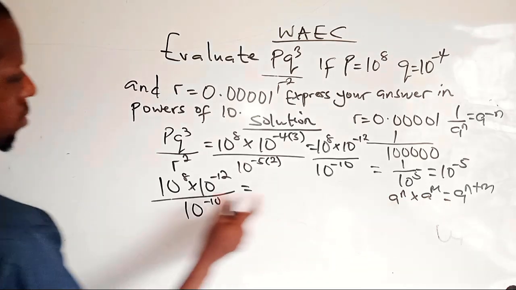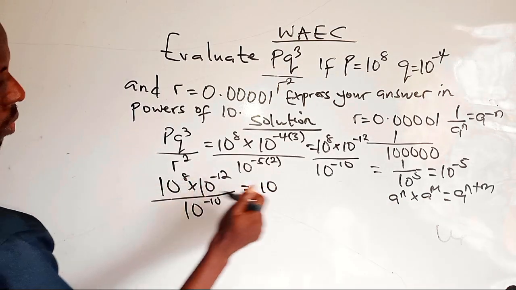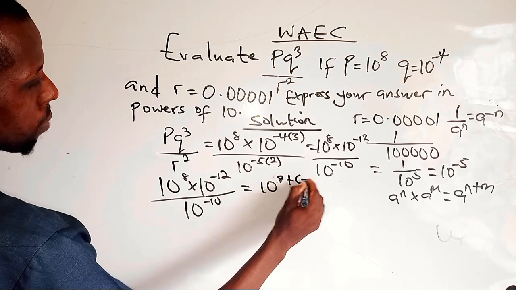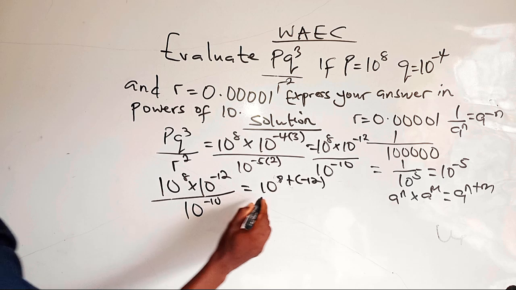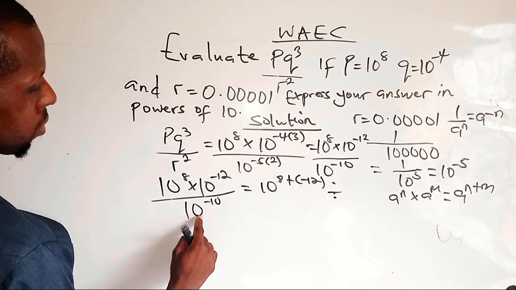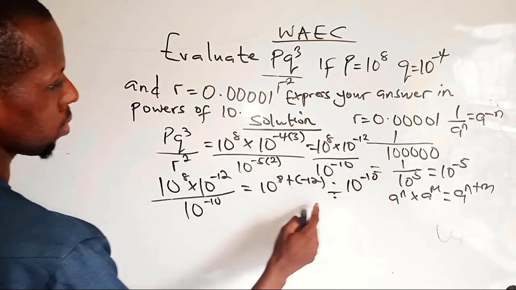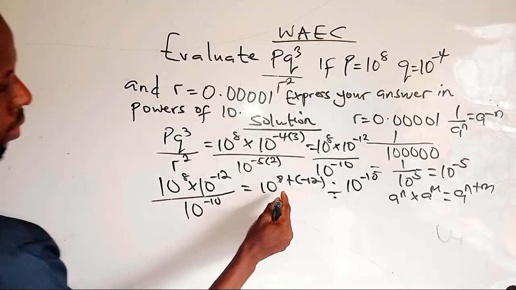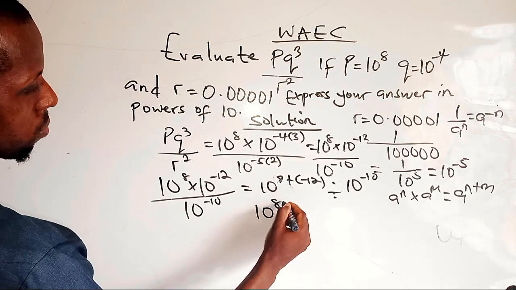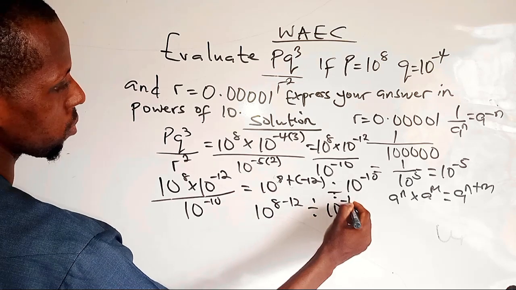So we pick out the base, which is 10, and add up the index, that is 8 plus minus 12, divided by 10 raised to power minus 10.